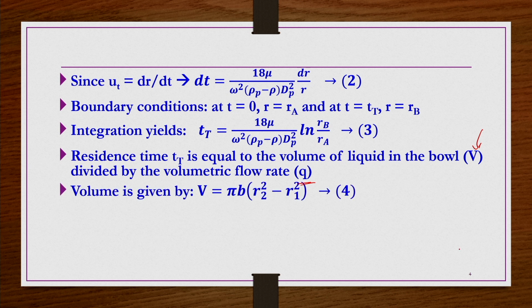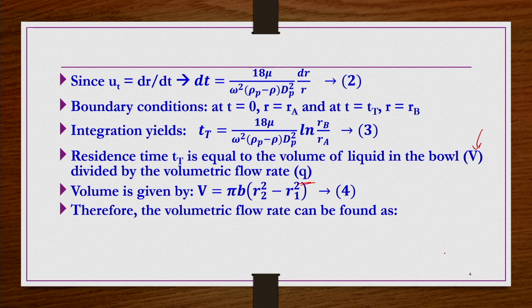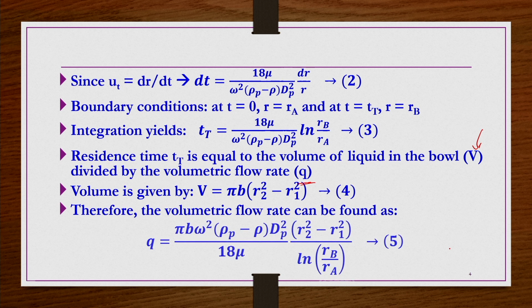Therefore, the volumetric flow rate can be found as V by Tt. When you simplify and rearrange this equation, you get Q equals pi b omega square (rho p minus rho) dp square by 18 mu, times (R2 square minus R1 square) divided by ln RB by RA.